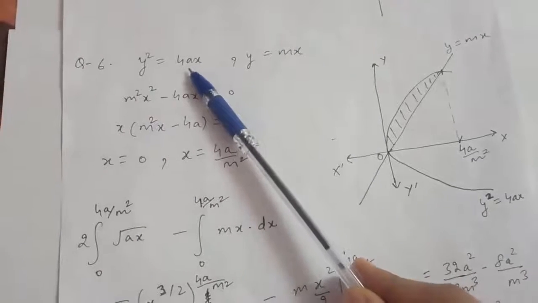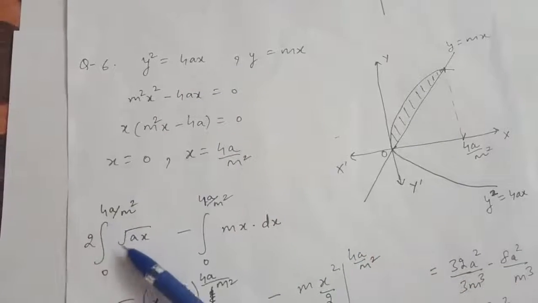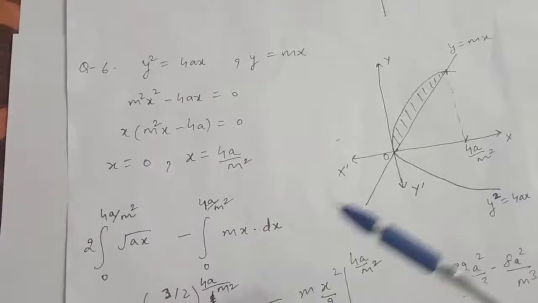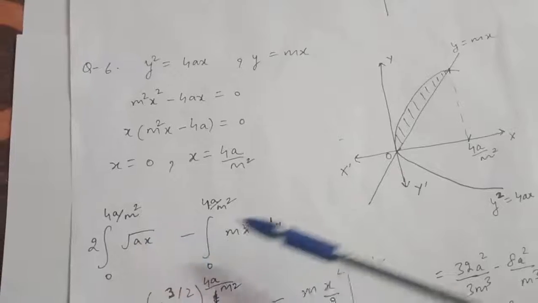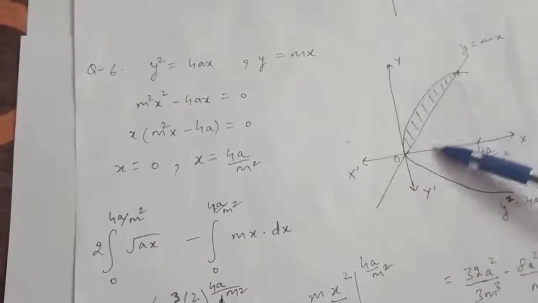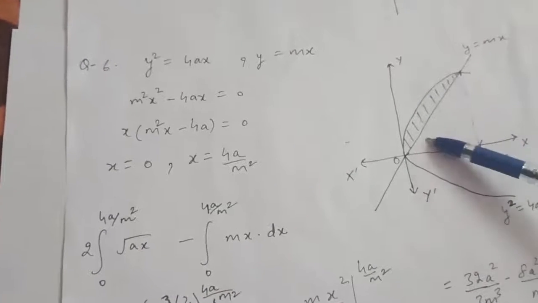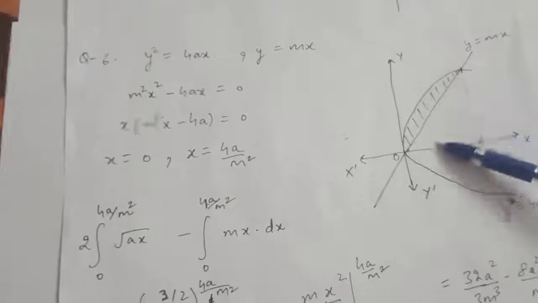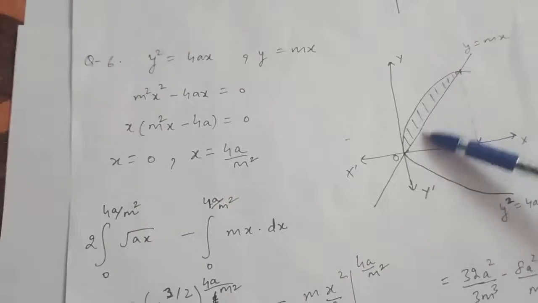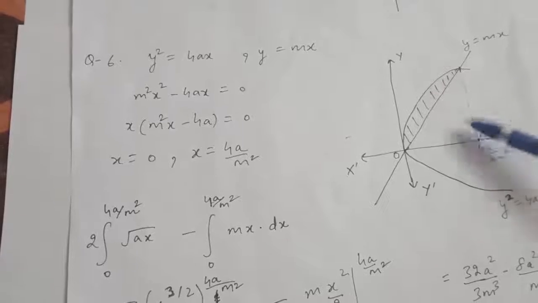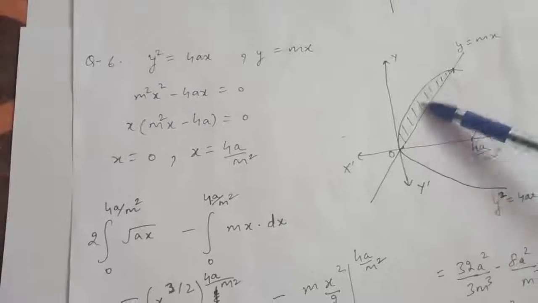From here calculate the value of y, which will be 2 root ax, minus, now see, this area is the area below the parabola. From this we will subtract the area below the line, right? We will subtract the area below the line, that is this one area. So we will get just this area which we wanted.